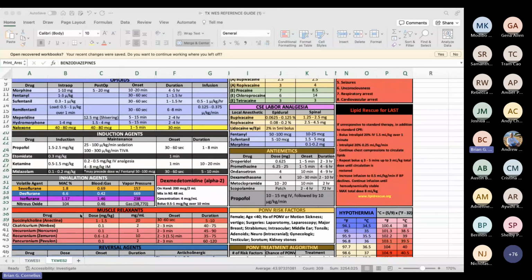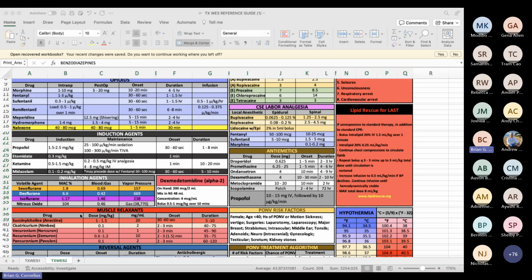And if we're going to use SUCS, what else do we need to give along with it? What's one of the big issues we run into administering SUCS? Yeah, something to defasciculate the patient.